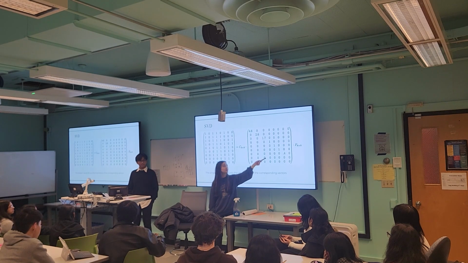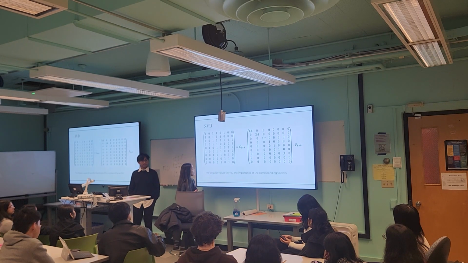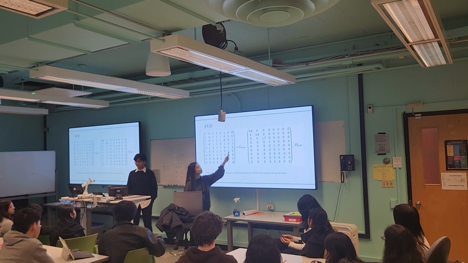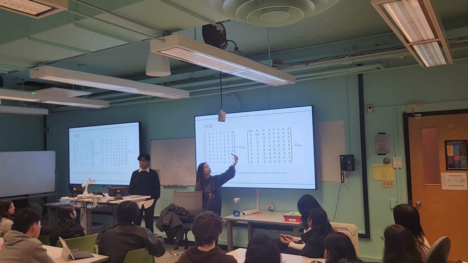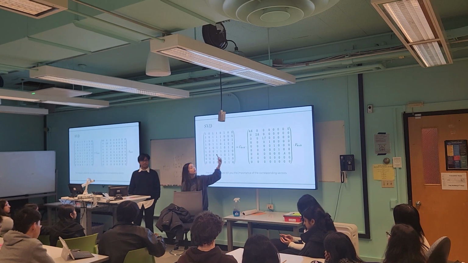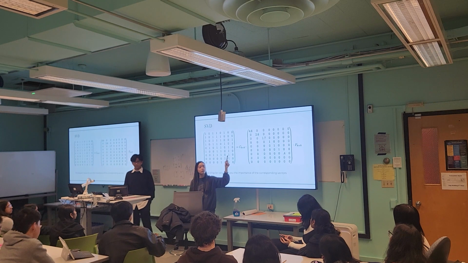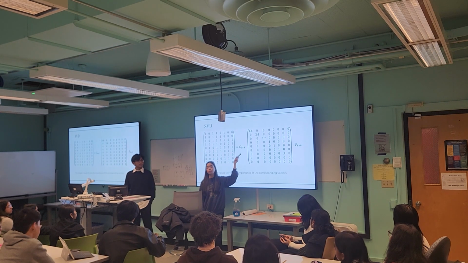You can only find non-zero entries on its diagonal, and those entries are the singular values. The singular values tell you the importance of the corresponding vectors. For example, 4.6 is bigger than 2.6, so the vector corresponding to 4.6 is more important than the vector associated with 2.6.